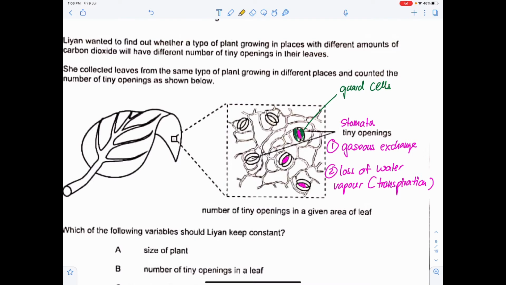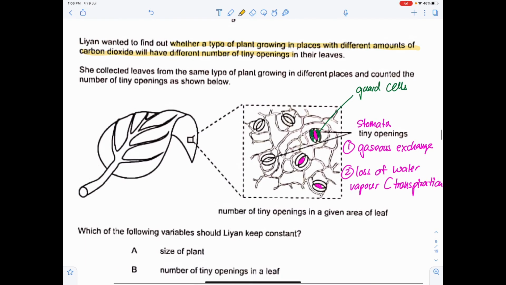The aim is whether a type of plant growing in places with different amounts of carbon dioxide will have different numbers of openings. So the changed variable in this case would be different amounts of carbon dioxide, or rather different places. I'm going to change to a different highlighter.